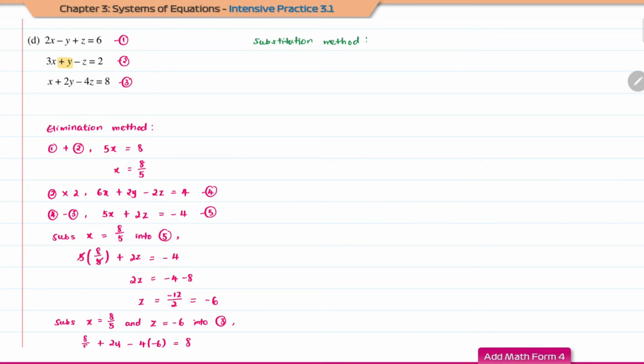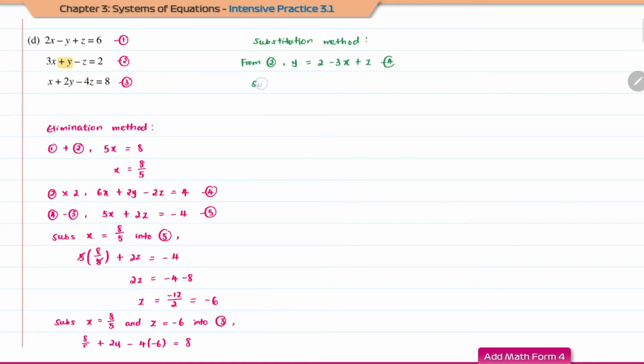Because if I substitute into the 1 and 3, I just need to expand it by 1, right? So from equations number 2, the y will be equal to 2 minus 3x plus z. So label it as equations number 4. Then I'm going to substitute this equations number 4 into 1 and 3.